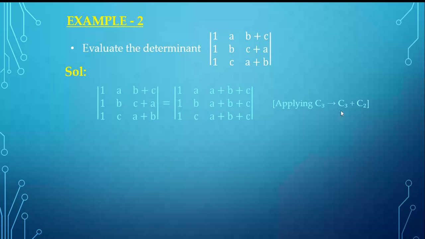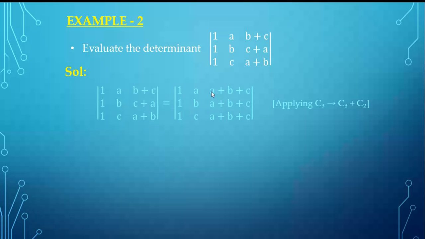So now we change C3. Whichever column or row we change, we write it first, so we write C3 plus C2, not C2 plus C3. Now see which property we can use here.